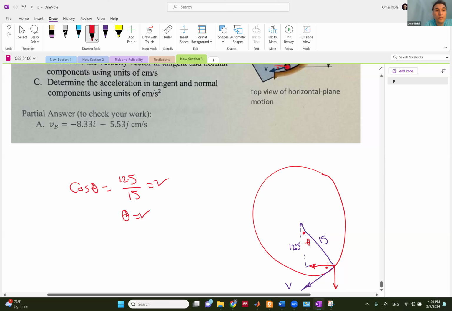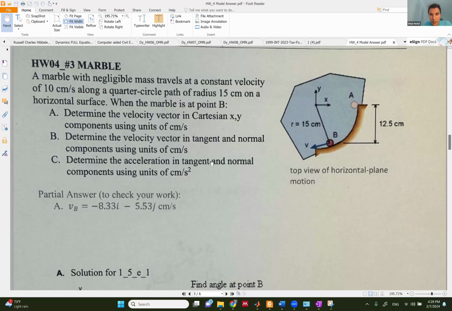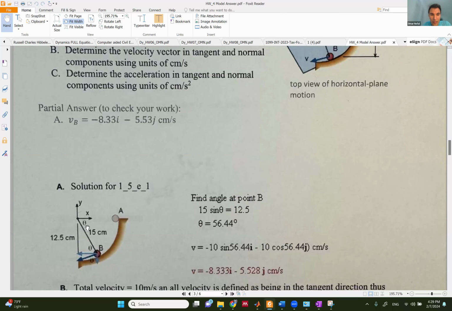Or you can get the other angle, like the one in the model answer. The one in the model answer, that's what I did. Here, I get the other angle, and the other angle is going to be the sine. Looking here, I get the other angle, and then theta is equal to 56.44 degrees.